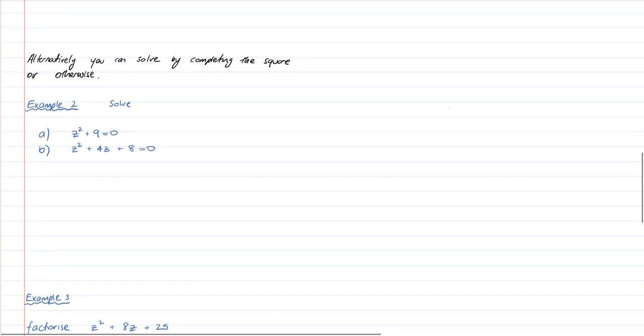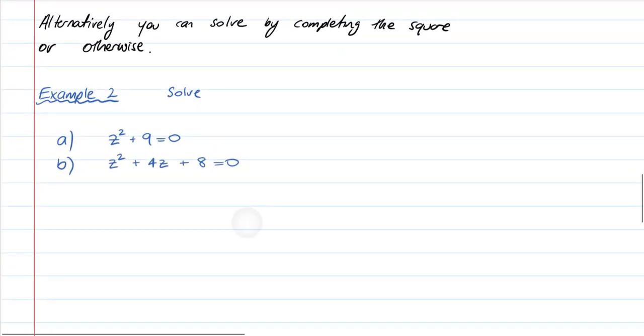Alternatively, and as you've seen before, we can solve by completing the square. So in example 2, we've got some other alternatives where you can complete the square. We'll start with A over here. z squared plus 9 equals 0. Now this one here, the square's already completed because there's no linear term, it's 0z.